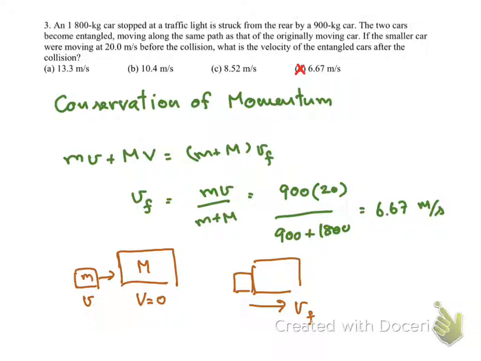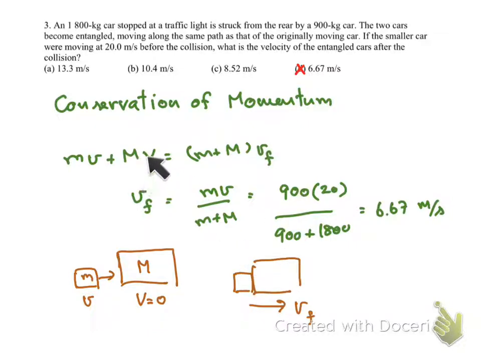Okay, so from the conservation of momentum, we have the initial momentum of the system, mv plus capital M capital V. In this case, this capital V is equal to 0, and it must equal m plus capital M times Vf. This is because they both move together.